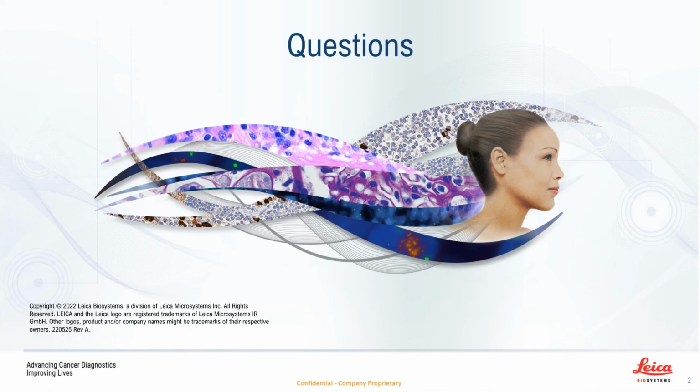If one of those scan points happens to be on a piece of debris or artifact, yes, it can throw out the scan map, and the amount of blurriness in that image would be dependent on the size of the artifact and where that next focus point is within the tissue.